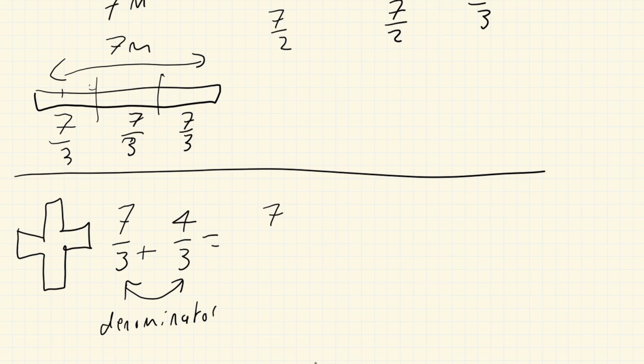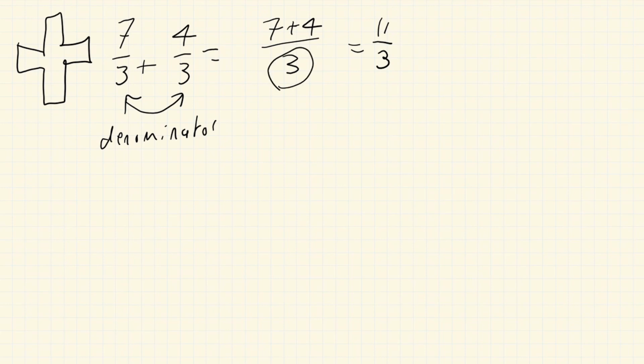So this would be 7 add 4, and then we divide that by the denominator, which was 3. So we get that that is equal to 11 divided by 3. So 7 divided by 3, add 4 divided by 3 is 11 divided by 3. And the denominator, the bottom number, stays the same.